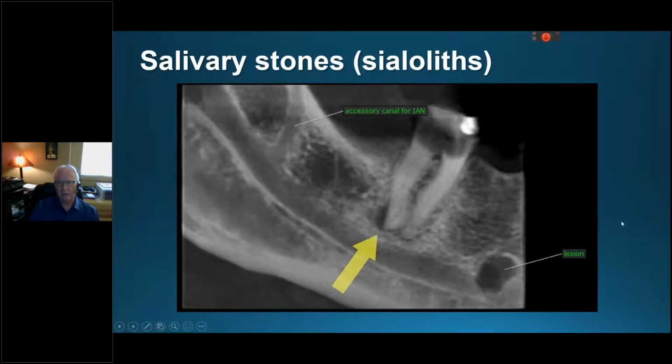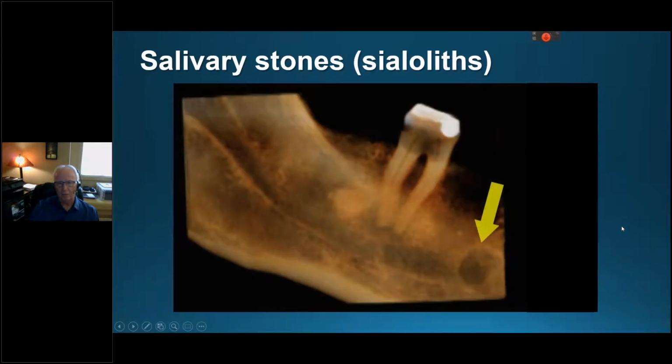So we did some imaging on this case as well. We did one of these transparent kind of holographic images, and you can see that the lucency stayed, and lo and behold, we picked up an opacity, and it looks like it's just distal to the distal root of the lower right second molar.